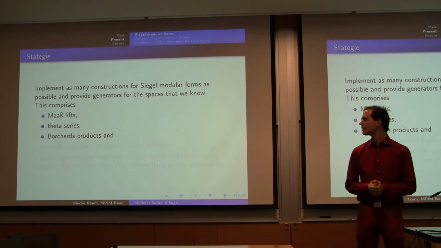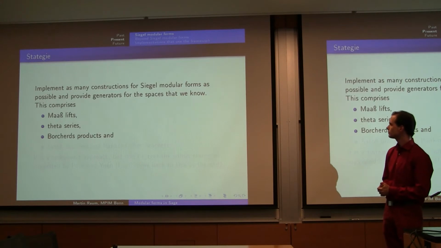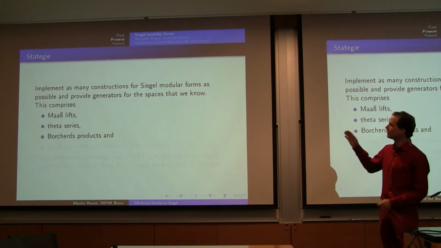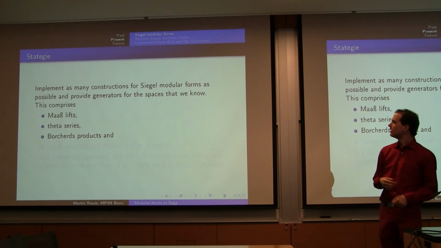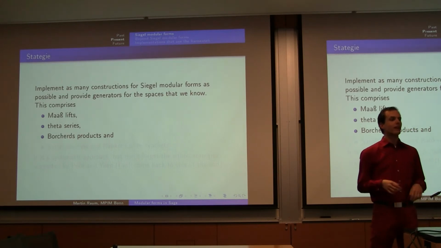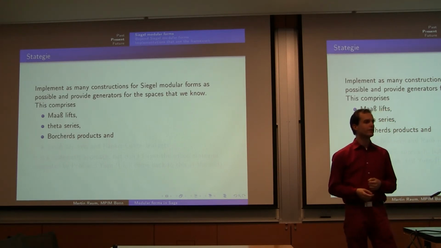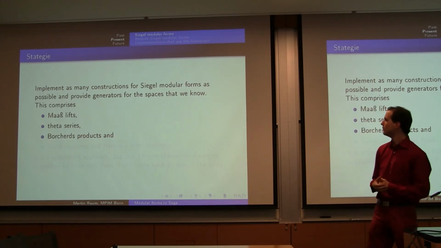That is only possible with such structured constructions like Maass lifts. Even if we had modular symbols, that would be out of reach with that approach. In that case, we really need Maass lifts.